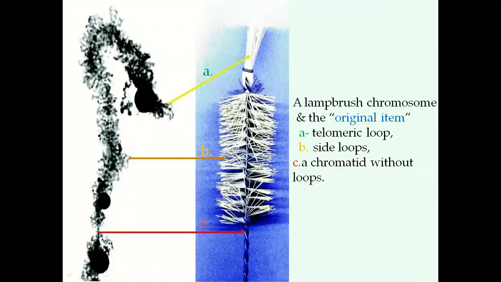And the last tip of this chromatid is called the telomeric region, a Lampbrush chromosome with the telomeric loop. And these are the lateral loops or side loops. And without any loops, that is called the chromatid axis.